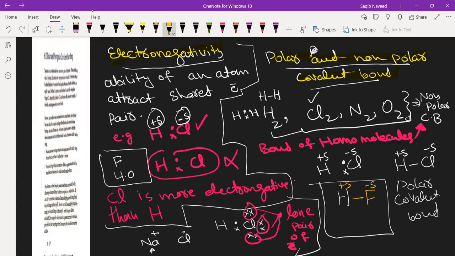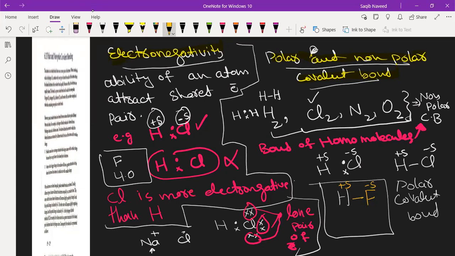So what is the effect of polar covalent bonding? Due to the polar covalent bond, molecules are polar, and the principle is like dissolves like. Polar compounds are soluble in polar solvents, and non-polar compounds are soluble in non-polar solvents.